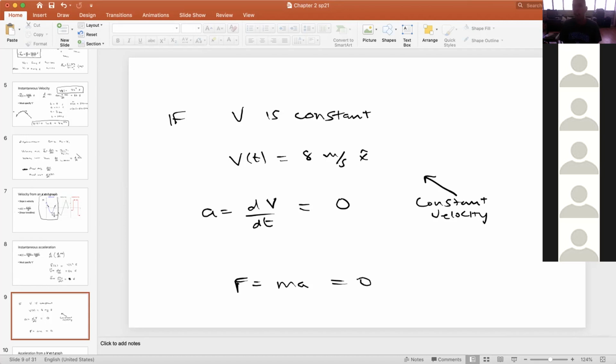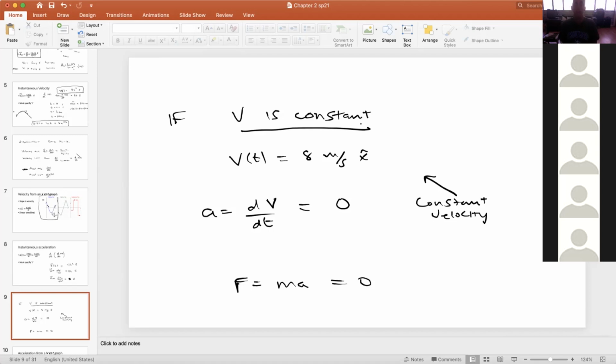Its velocity doesn't change. So bear that in mind. It's one of the most important things that we have. You always have to know that if you're told the velocity is constant, there are no forces acting on the object, or all the forces are zero. That is one of the most important things.